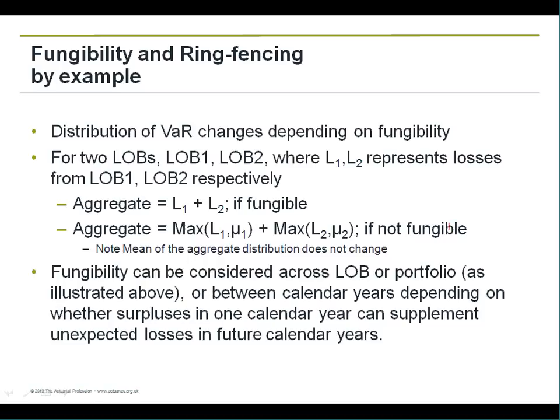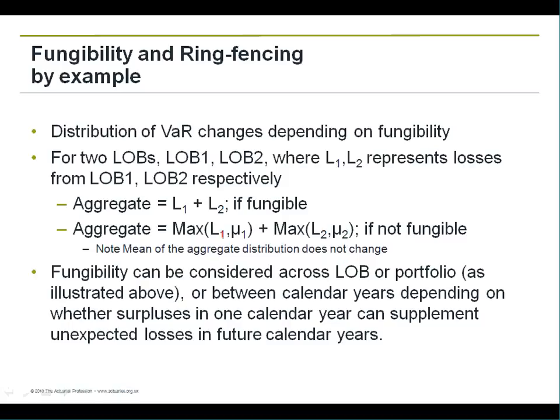When you calculate the VaR of the aggregate in the context of non-fungibility, you're calculating the VaR of the aggregate of the maximum of L1, the distribution of the losses in LOB1, and its mean, and the maximum of the loss distribution for line of business 2 and its mean.